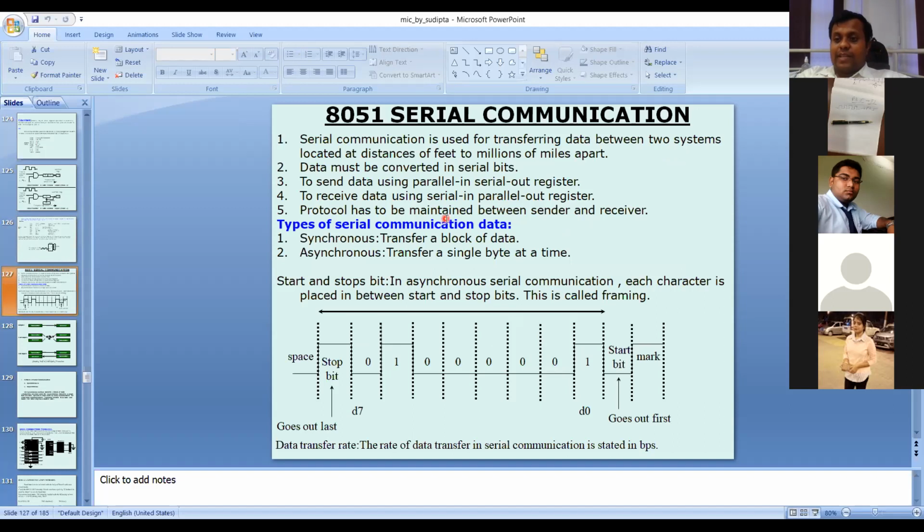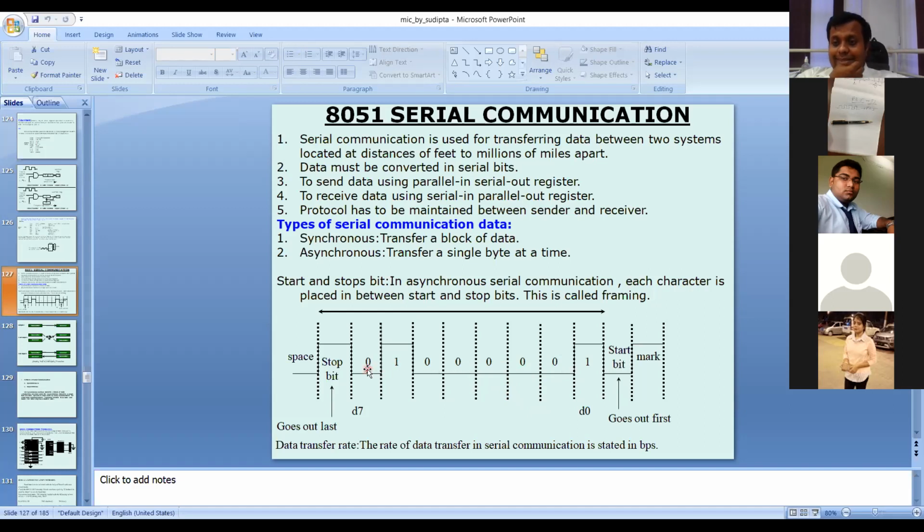Serial communication is nothing but on a single line which is connected with you and me, we send the data. Like if I want to send 1, then it will be like this. If I am sending the 0, like 0, 0, 0, 0, 0, 0. In a single line, we are sending high and low voltage with a particular width, right? So you can understand 1, 0, 0, 0, 0, 0, 1, 0.